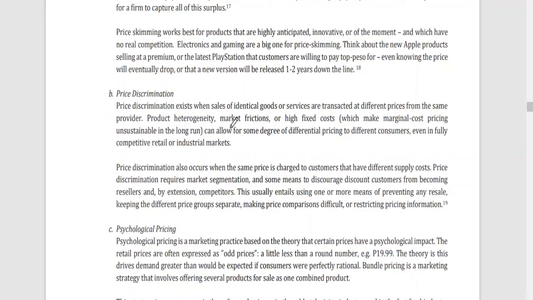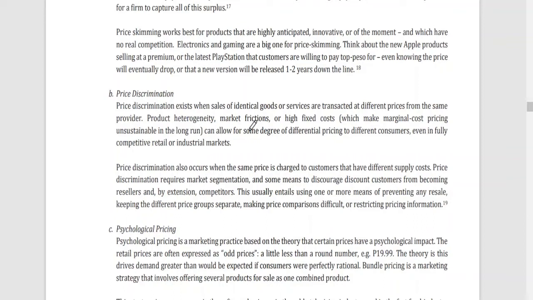Product heterogeneity, market frictions, or high fixed costs, which make marginal cost pricing unsustainable in the long run, can allow for some degree of differential pricing to different consumers even in fully competitive retail or industrial markets. Okay? What is product heterogeneity, your products are diverse. Okay? Heterogeneous. They are different, unlike homogeneous.